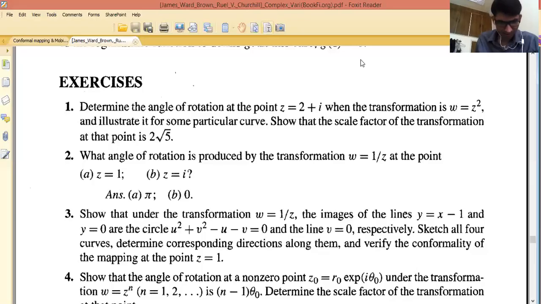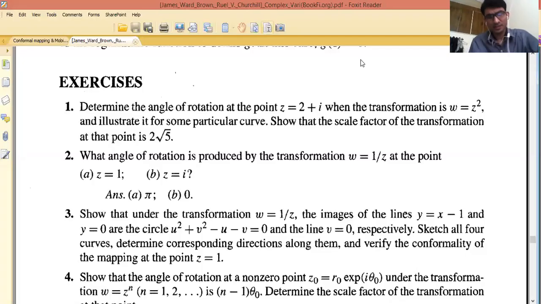So we come to the question. The question is: the image of the unit circle mod z equals 1 under the transformation w equals 2z plus z square.